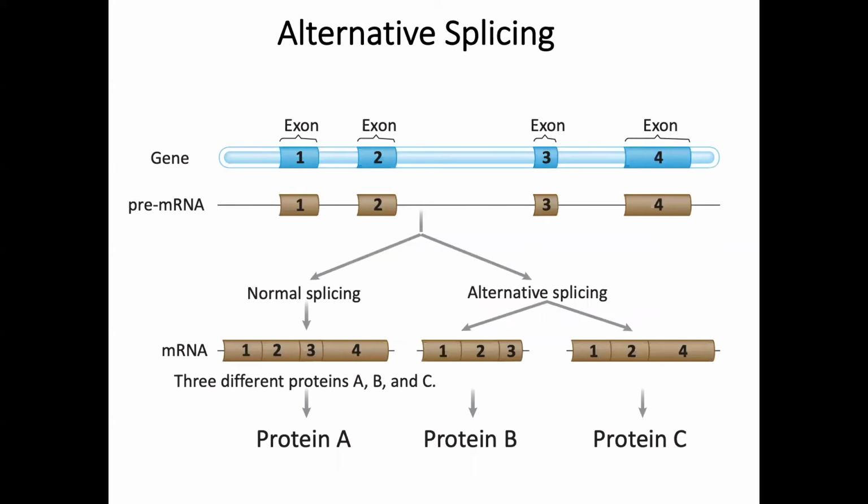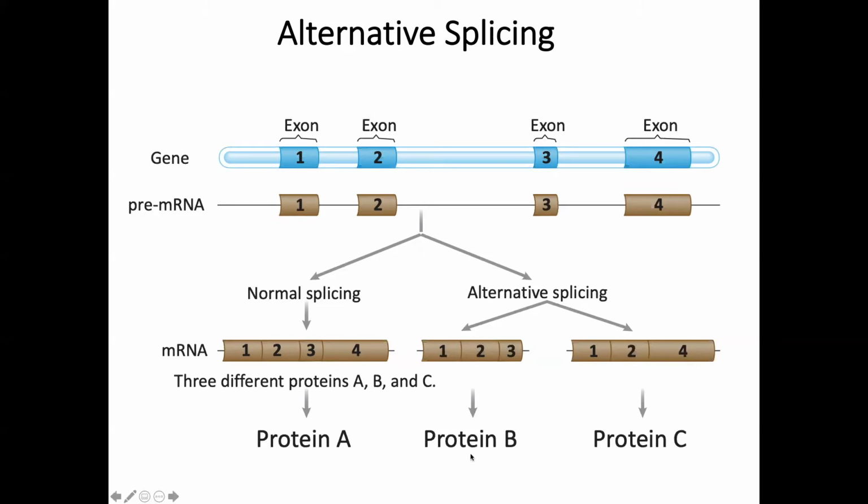This slide shows what alternative splicing really means. In pre-mRNA processing, introns are spliced out and exons are combined together. When all the exons are included, they make protein A. But in alternative splicing, some exons are removed during processing, resulting in the production of different proteins.